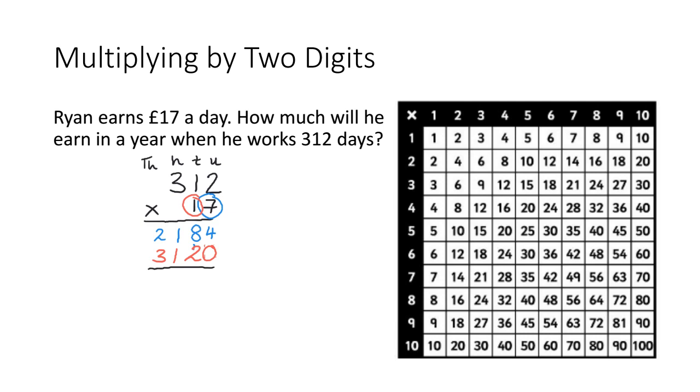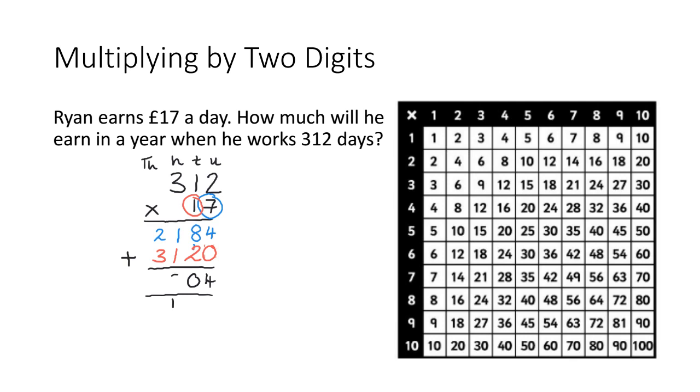So now I've got two answers, and I really just want to have one answer. So what I'm going to do now is add the two of them together. So I've got 4 add 0 is 4. 8 add 2 is 10. So I'm going to carry the 1 across. 1 add 1 is 2.